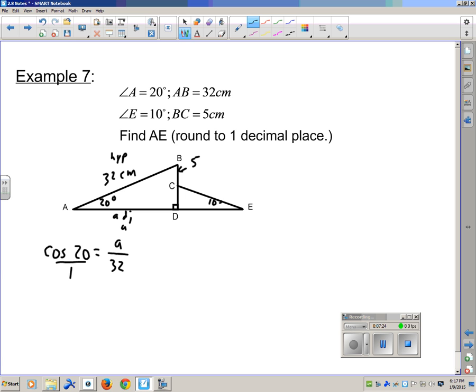So multiplying across, AD ends up being 32 times the cosine of 20. So 32 cosine 20 gives me about 30.1.